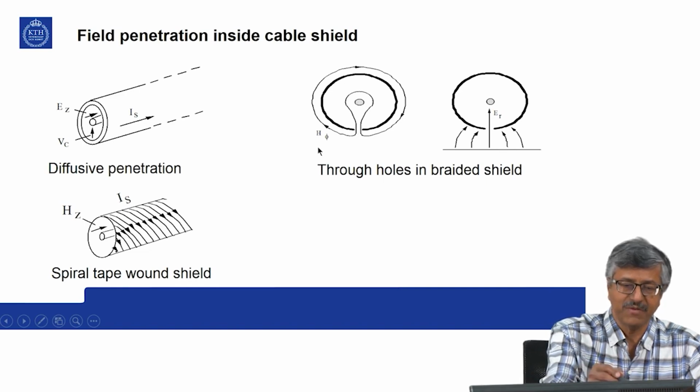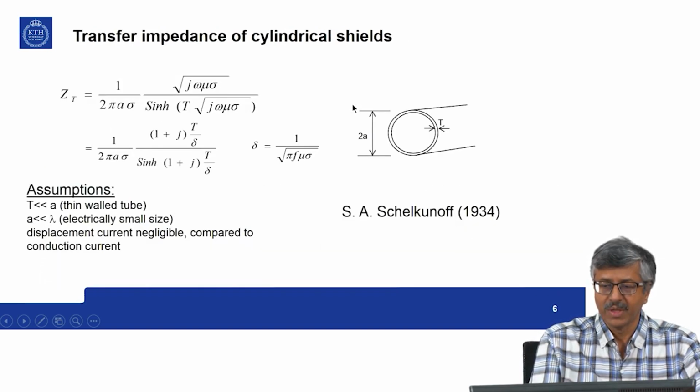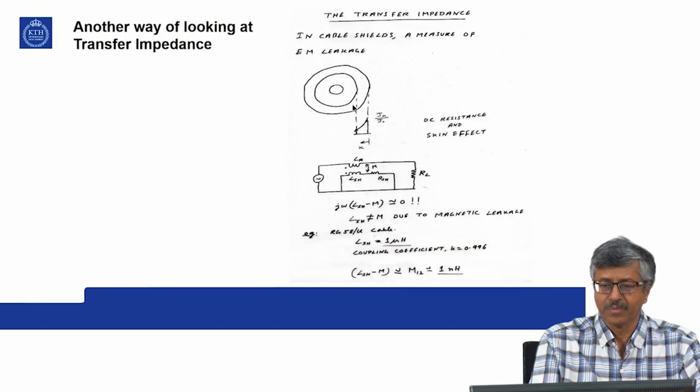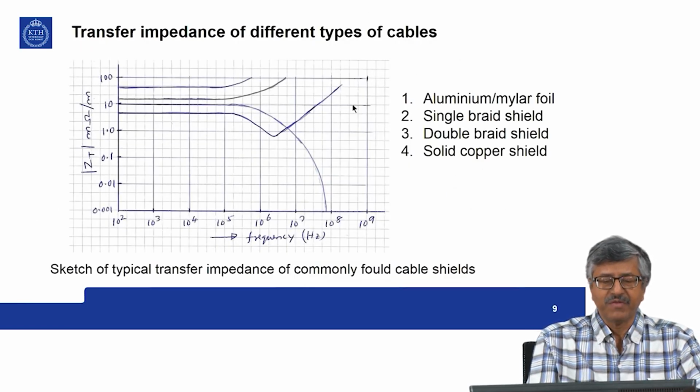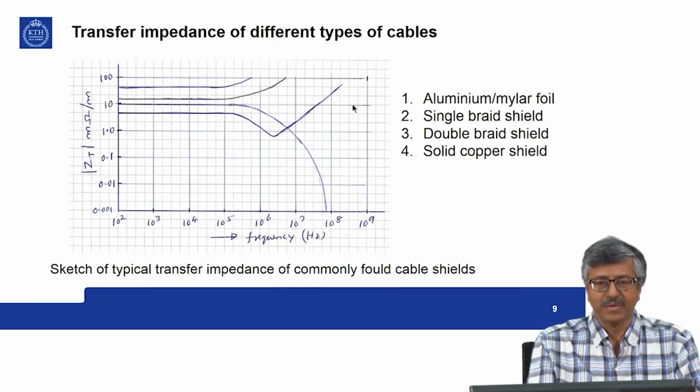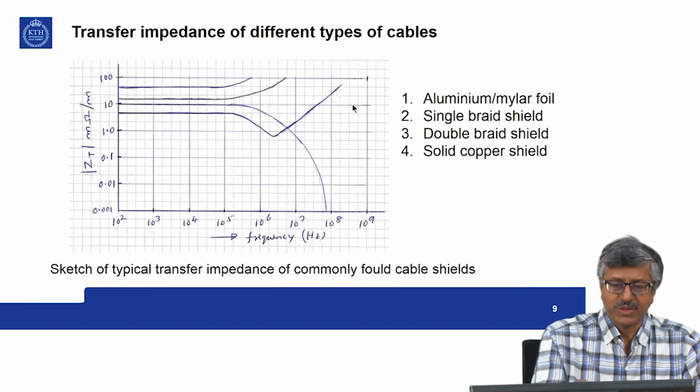The first one is diffusive penetration. Just now we saw this mechanism, and how it works through holes. It is this hole that is giving this leakage inductance. Transfer impedance in different types of cables we can write, and we can calculate those transfer impedances.